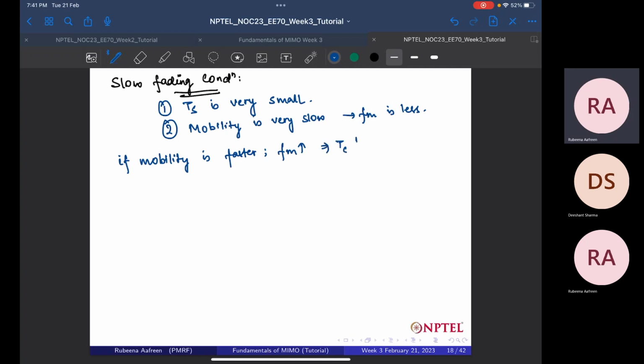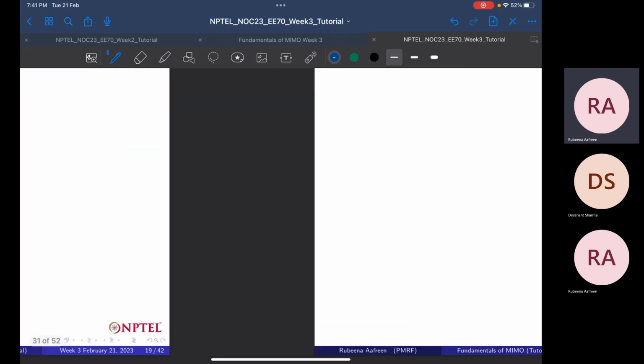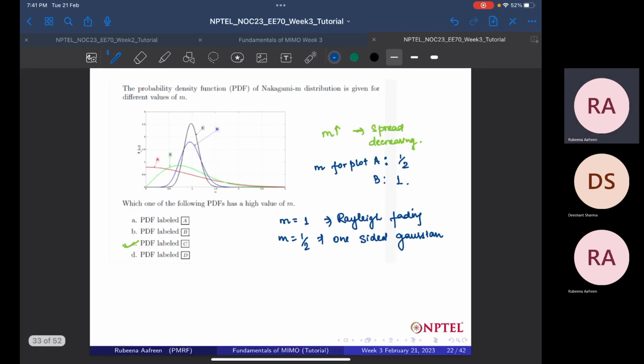If Fm increases, coherence time will decrease, and this will go to a fast fading situation. Okay. So now we understood about slow fading and fast fading. Better to take some questions and then we will move forward if time permits.